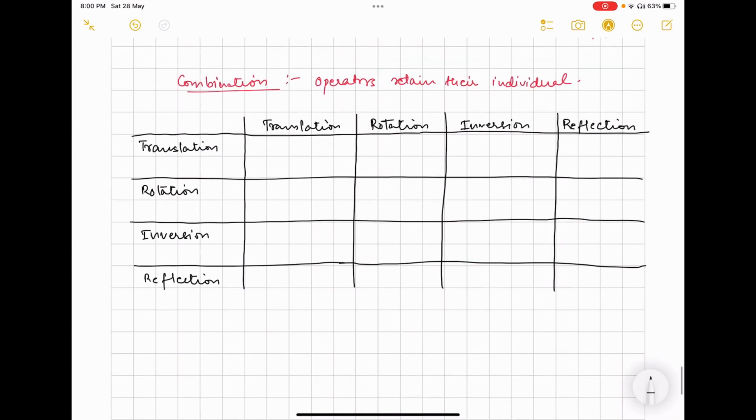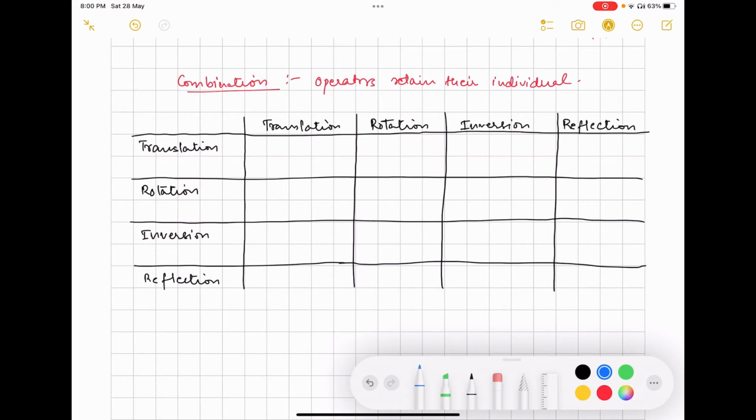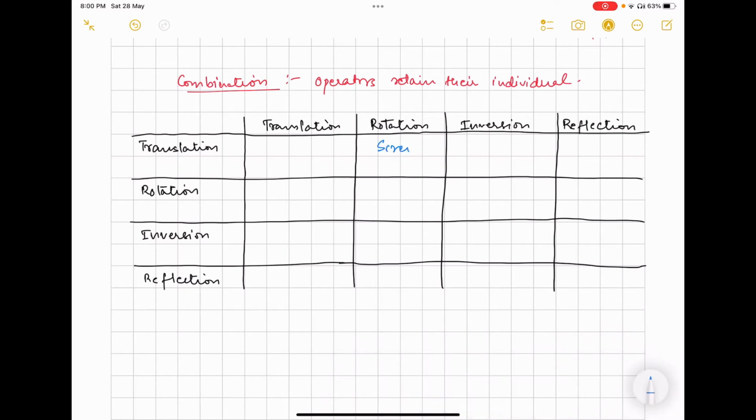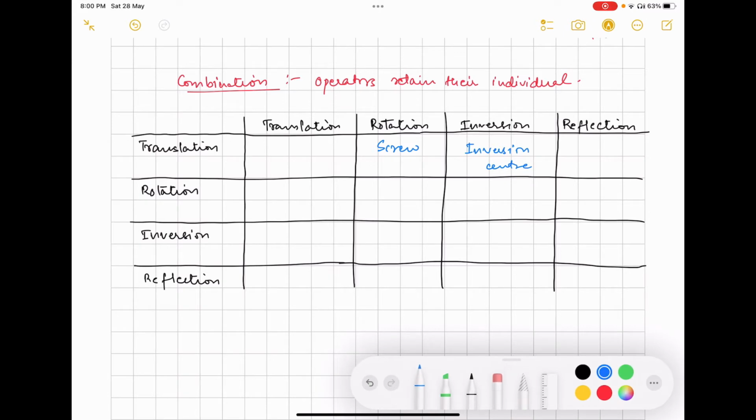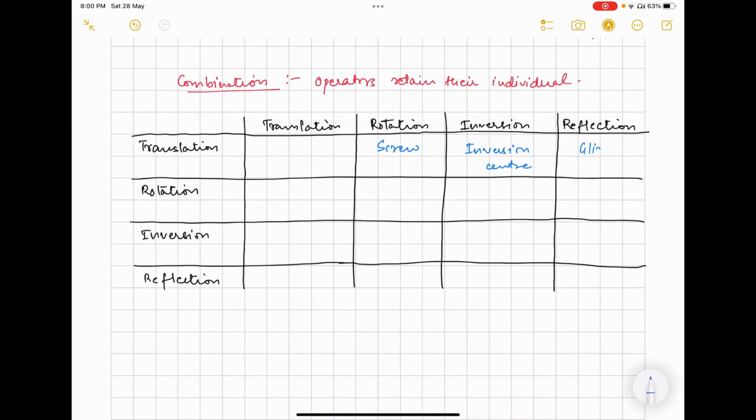Now, when translation is combined with rotation, we get screw. Translation plus inversion, we get inversion center. Translation plus reflection gives us glide plane or glide axis.